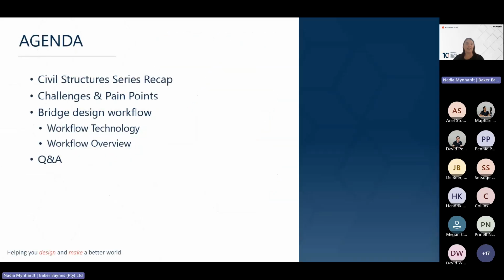So that's basically me and Baker Baines, but I have a great agenda for you today. So we are going to quickly just recap on the Civil Structure series. There were 3 parts to it. And then you all are here, obviously, for your bridge design workflows. So we're going to look at some challenges that you might be facing on those workflows at the moment, and then jump into the solutions to those challenges.